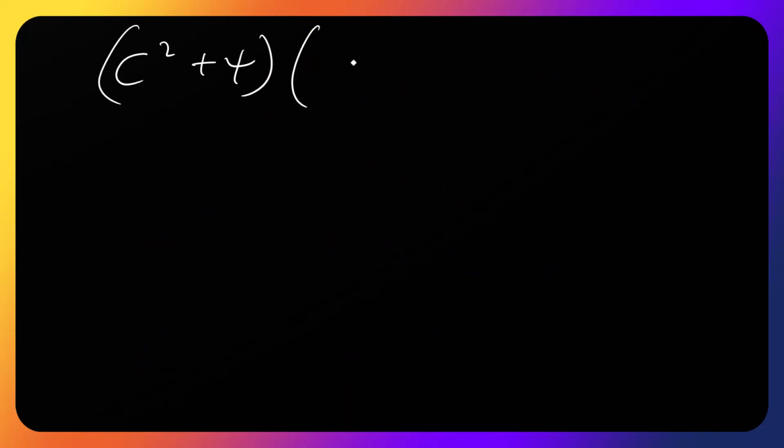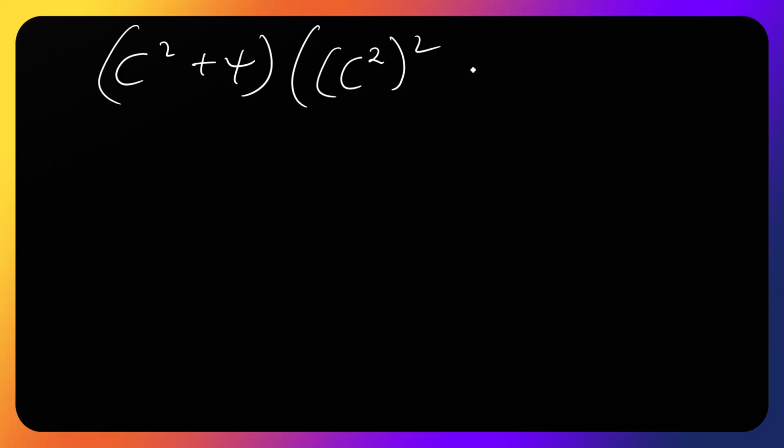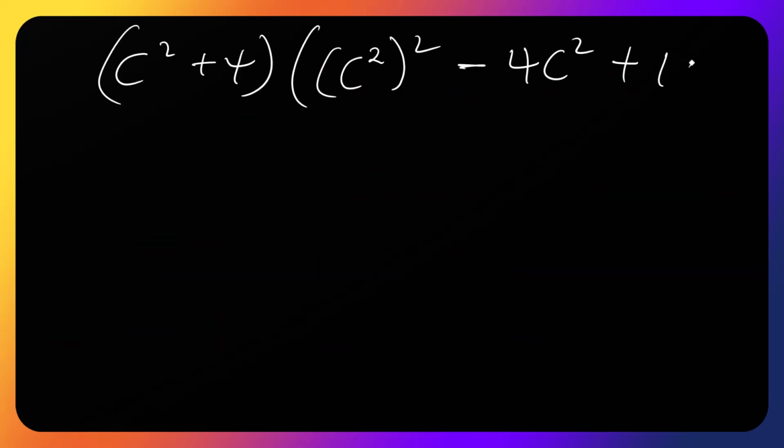So that will be c squared, squared, minus the product of 4 and c squared, 4c squared, plus 4 squared, 16, equal to 0. As simple as that.